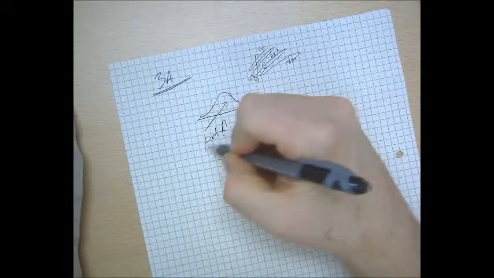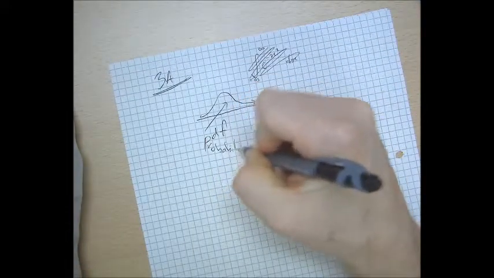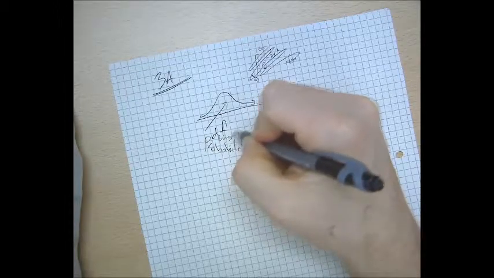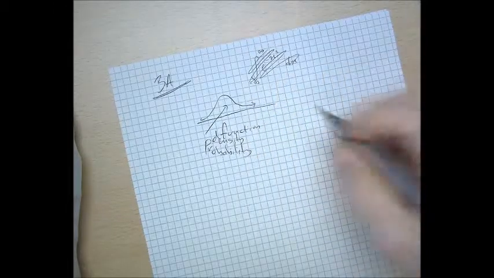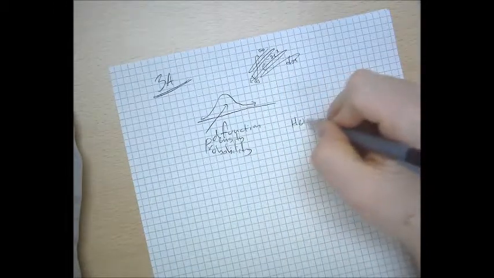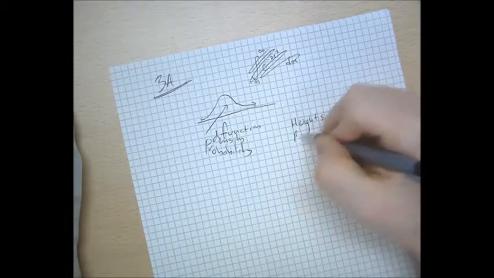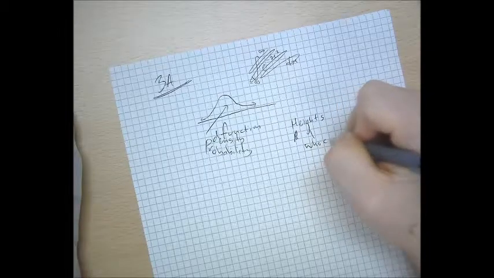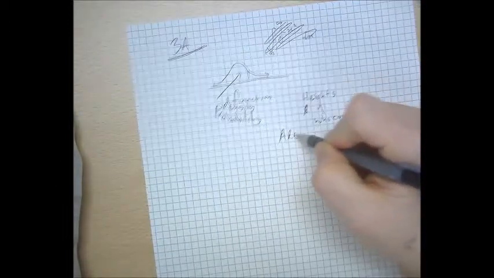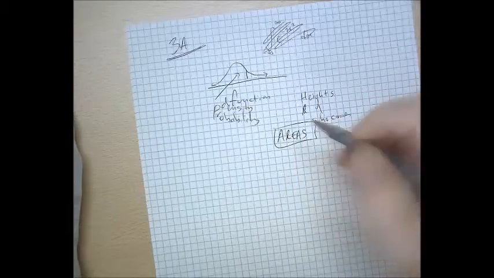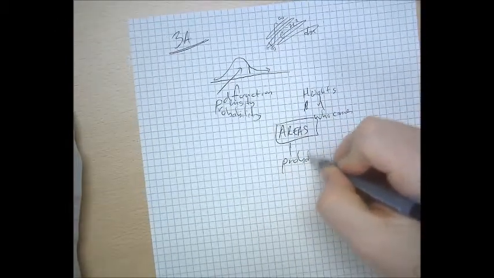It stands for probability density function, and how high it is, who cares? At no point did we ever ask you how high the normal distribution graph was. What matters is areas, because the areas give you probabilities.